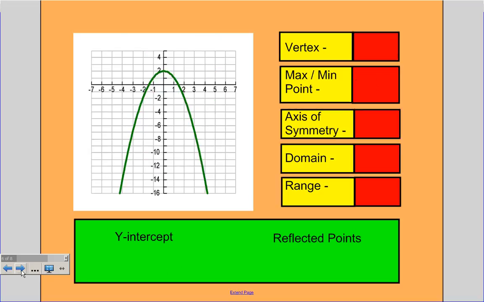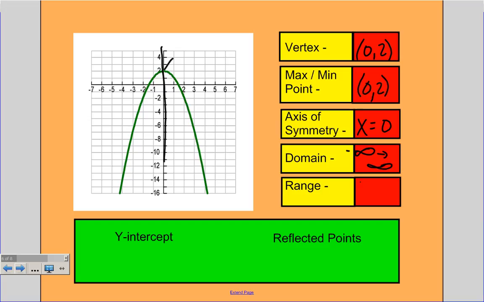Let's look at the next example. In this one, I'll go through these quickly. We have a vertex of 0, 2, which is also going to be our max min point. We have an axis of symmetry right here. So again, it's x equals 0. We have a domain, which is negative infinity to infinity.